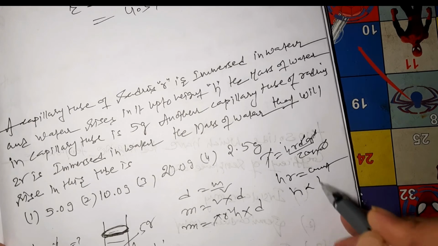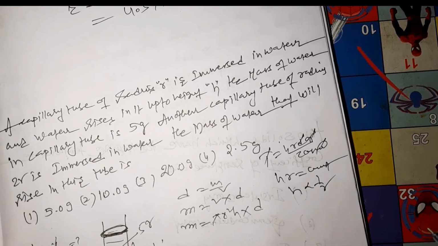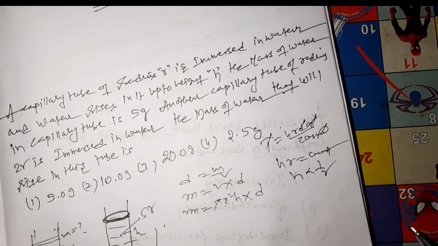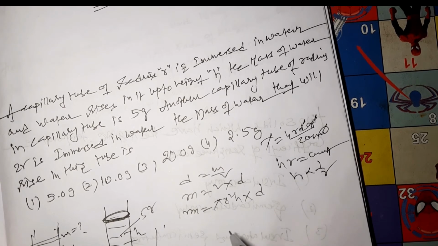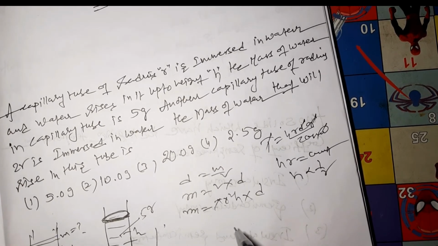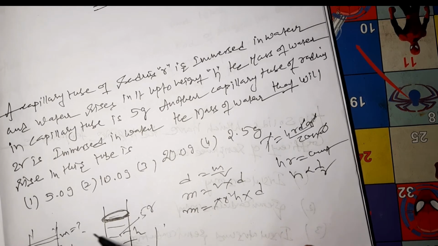So h is inversely proportional to r, that is, proportional to 1 by r. Now we are going to discuss how much mass of water rises in the second tube.